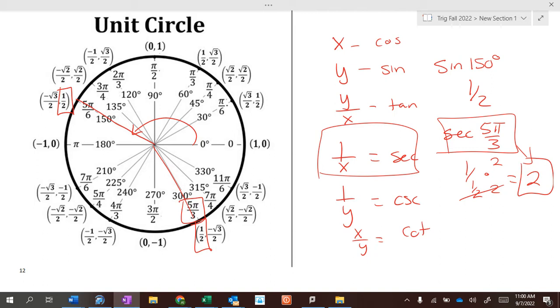You are not allowed to write on any of your unit circles because you get to use these on quizzes and tests. So the only thing you can write on them is your name. You have to know in your mind that x is cosine, y is sine, y over x is tangent, and so on. That you have to know.